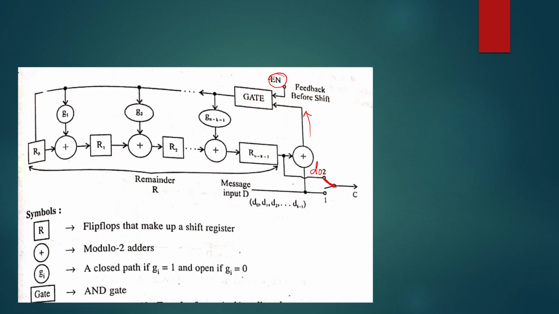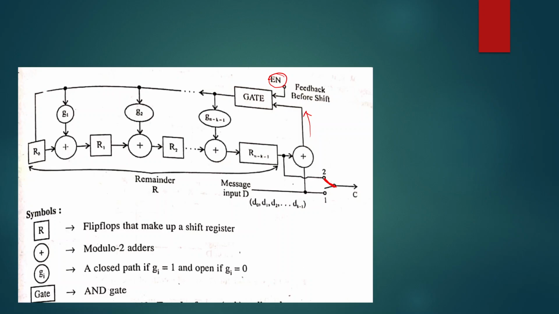Now the contents of the shift register would be the coefficients of the remainder. These values will be coming out of the shift register one by one. Once you disable this, once you give enable equal to 0, the AND gate will cease to operate.